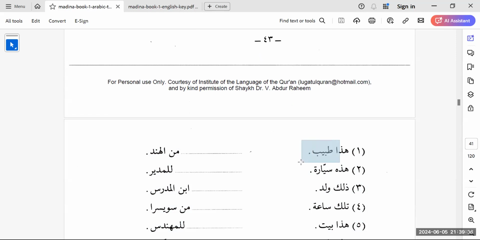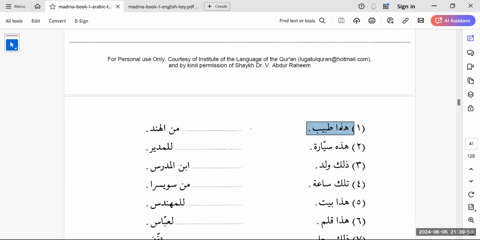Just a reminder, طبيب, and when you put the alif lam, we want to make sure we connect it and we don't pronounce the hamzatul wasl. So you would say هذا الطبيب من الهند. Okay, thank you. No worries. And then same thing. هذه سيارة للمدير. You're going to put alif lam and you're going to say هذه السيارة للمدير.